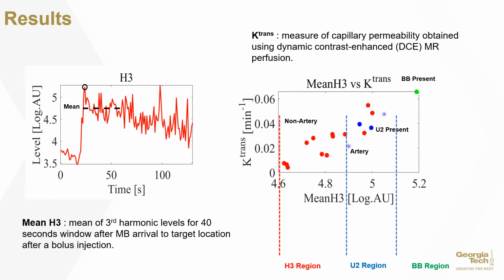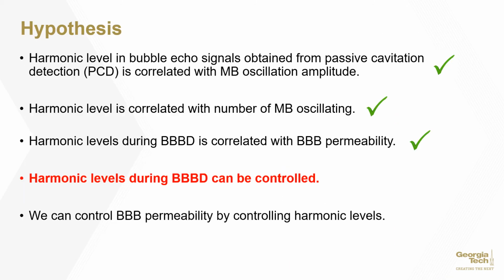We found that the mean of the harmonic levels for 40 seconds after microbubble arrival to the brain was positively correlated to the corresponding K-trans value for that target location, which suggests that we can estimate the BBB permeability for a given harmonic level.